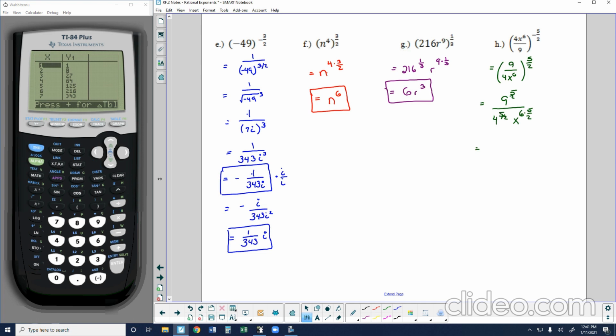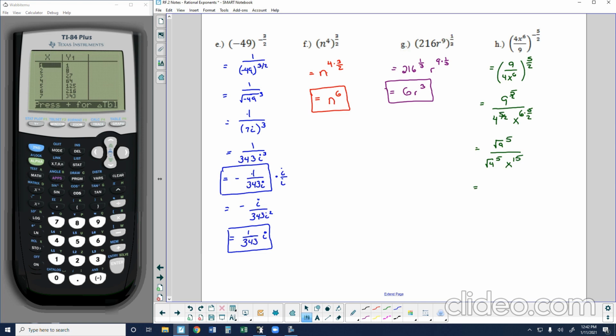So if I wanted to rewrite this again, I could rewrite this as the square root of 9 to the 5th in the numerator. In the denominator, the square root of 4 to the 5th. x to the 6 times 5 over 2. So 6 times 5 is 30 over 2 would be x to the 15th, and you can use your calculator for that.